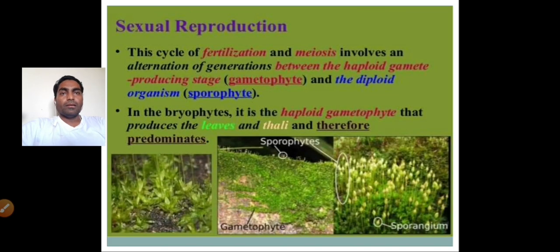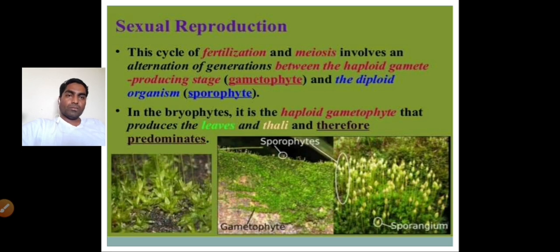Before sexual reproduction, there is asexual reproduction by means of gemma cups. Gemma cups are also present on the bryophytic members, and through the gemmae or bulbils they can reproduce. Moving toward sexual reproduction, in this cycle fertilization and meiosis involve the alternation of generations.